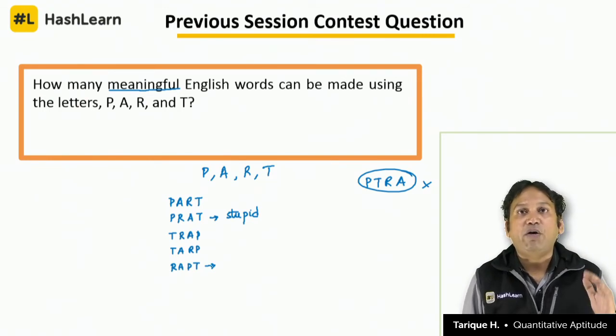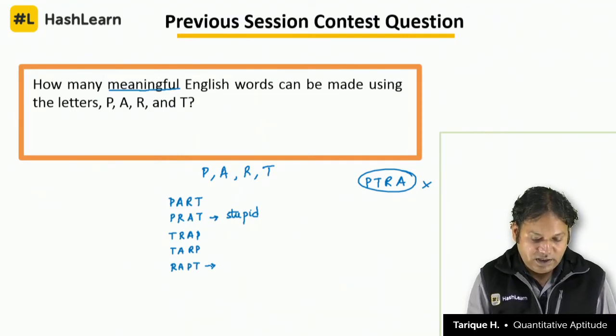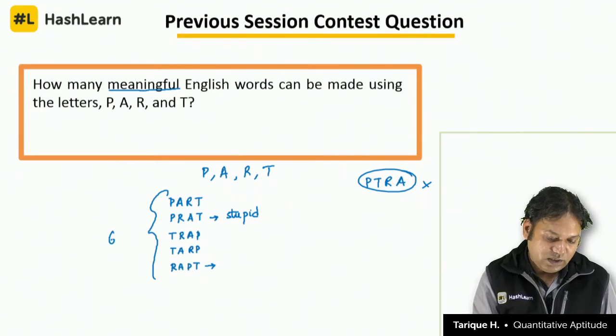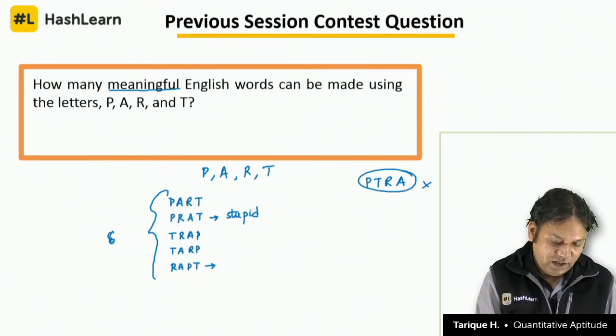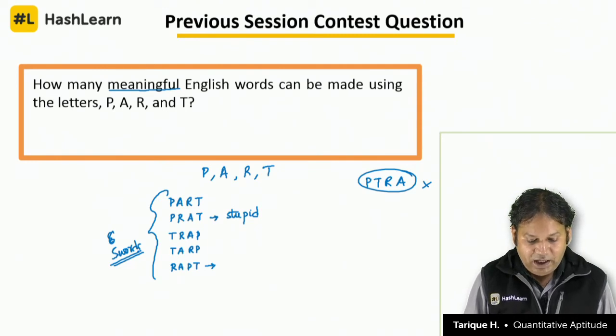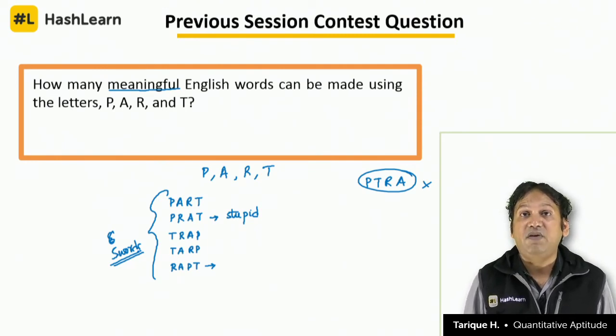So, for example, you can say the audience was listening with rapt attention to the speaker's speech. So, that is RAPT. It is a question of vocabulary so much, 5 words in fact. So, 5 words we can form by the letters PART, and these are all meaningful English words.